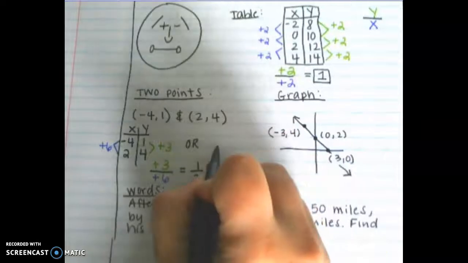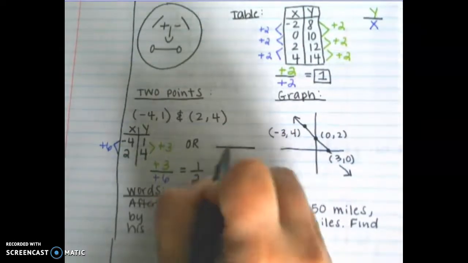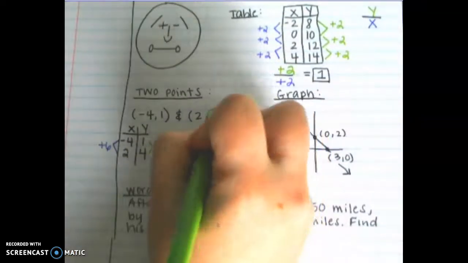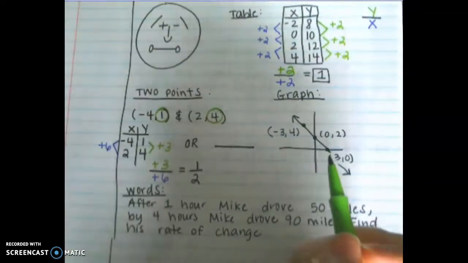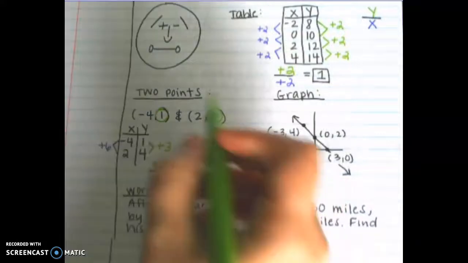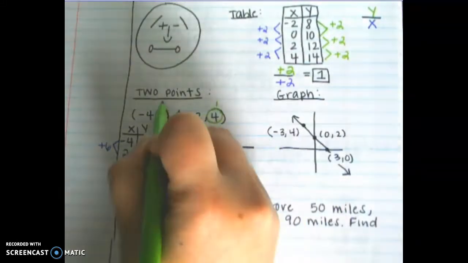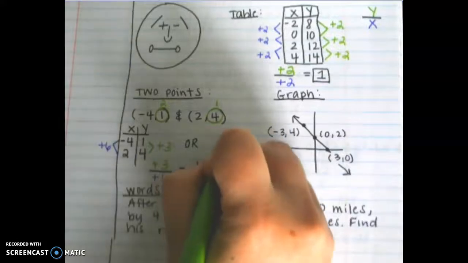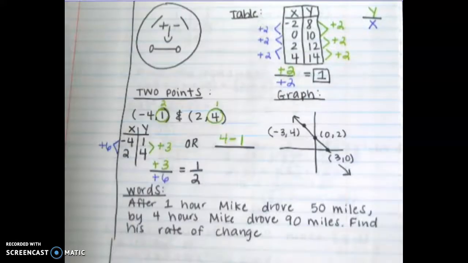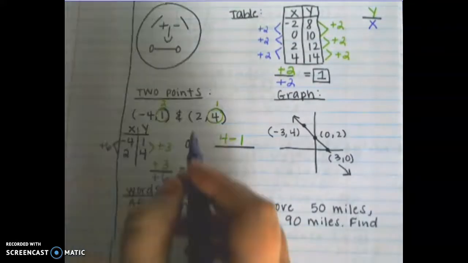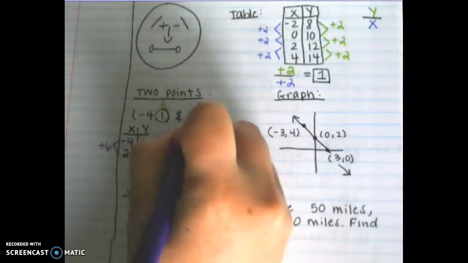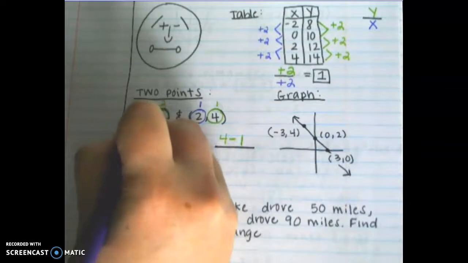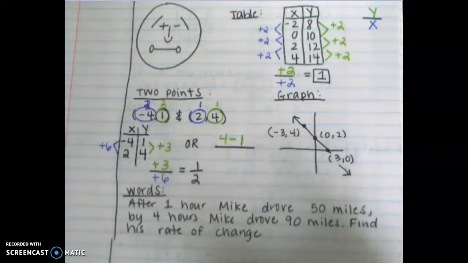Or the formula to use is you take the y's, and it doesn't matter which one you start with. I'm going to start with this one because it's bigger, and you subtract the y's on top. And on the bottom, you subtract the x's. And it's just whatever you started with for your y's, you have to start with the same x.